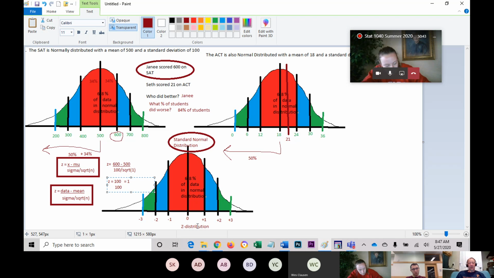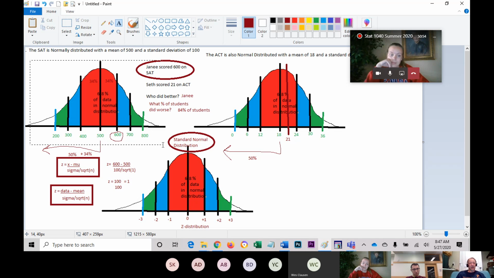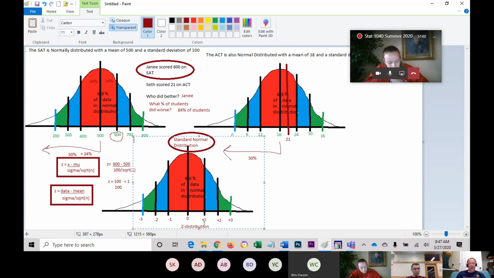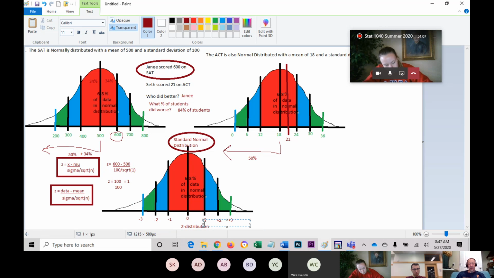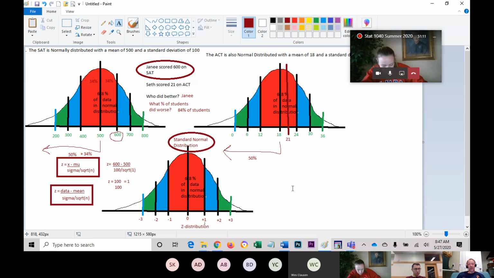Now what we've done is we've converted Janie from this normal distribution to a standard normal distribution here. And now we will put a J right here so that we know Janie scored 1 standard deviation away.